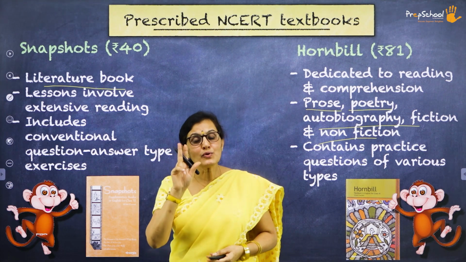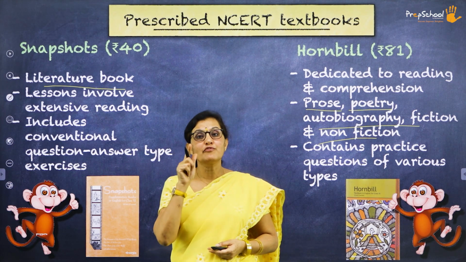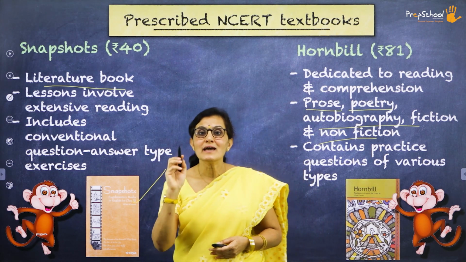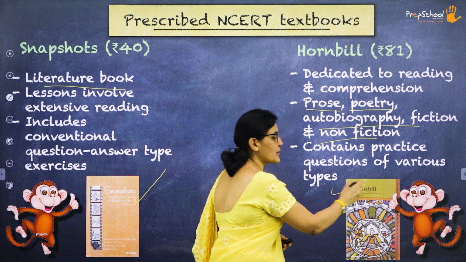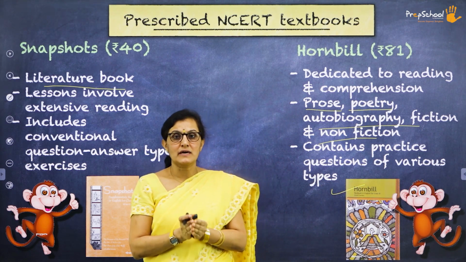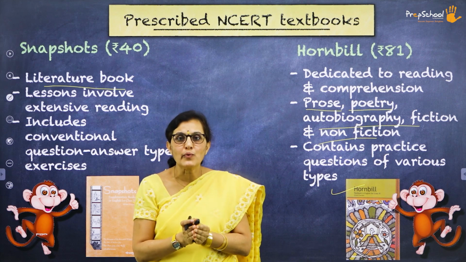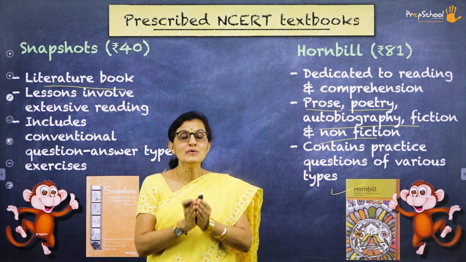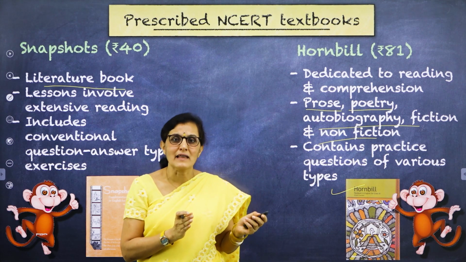Note that the 2 textbooks prescribed for your class 11 are Snapshots and Hornbill. Now, knowing the textbooks, let's go forward to understand the portions that you have to study for your class 11.